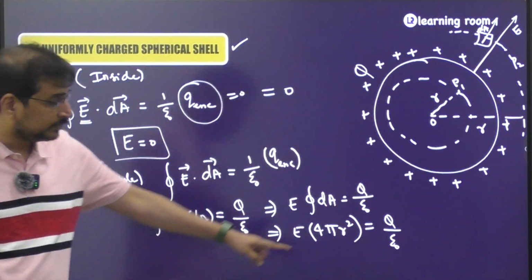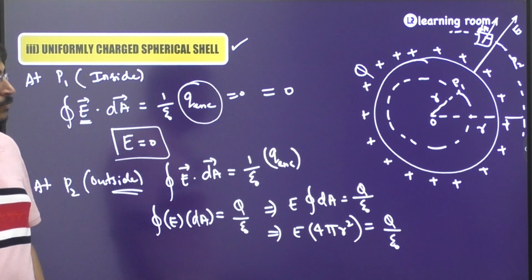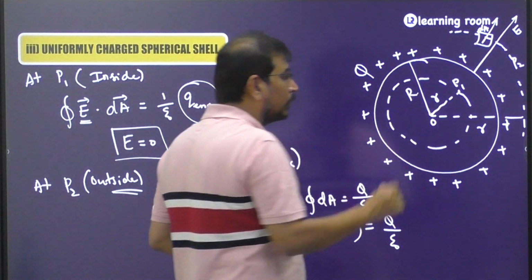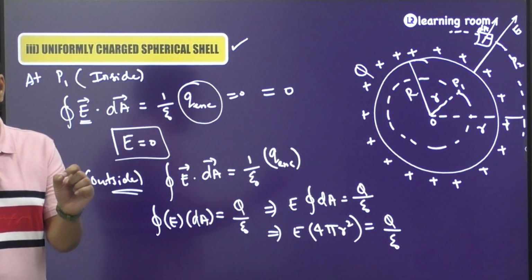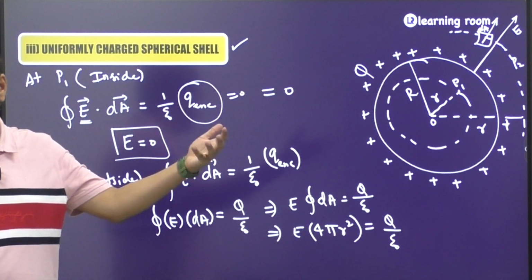The point to be noted here is that small r is a variable. So what I'm trying to say here is, I'll take the radius of the sphere to be capital R, which is fixed, whereas small r is a variable. At P1, P2, it keeps on varying.